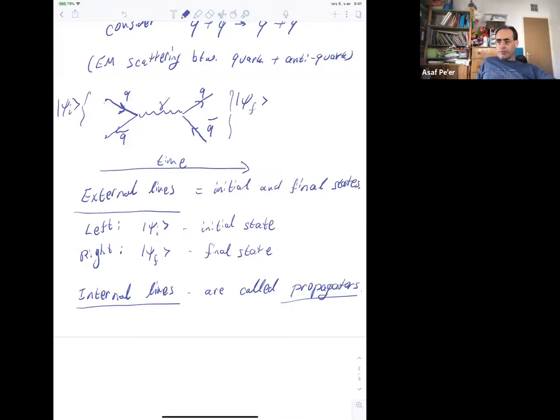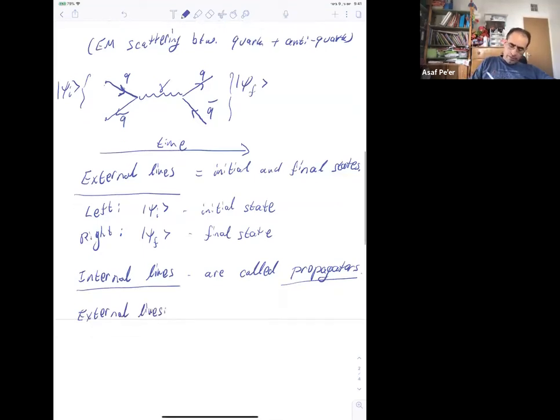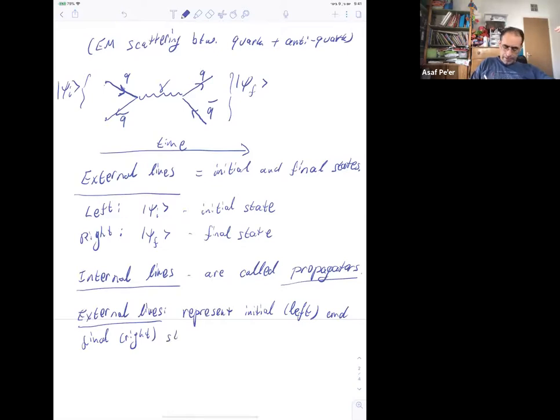This is a quantity that we can measure in the lab. So external lines represent initial, left, and final, right, states of particles.